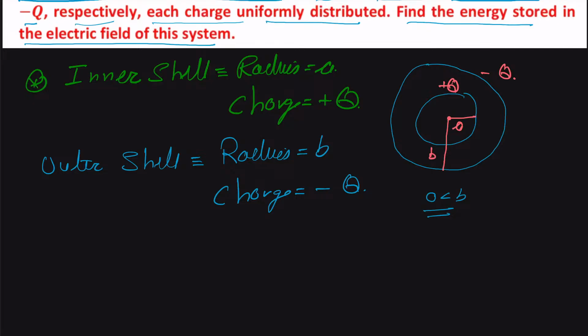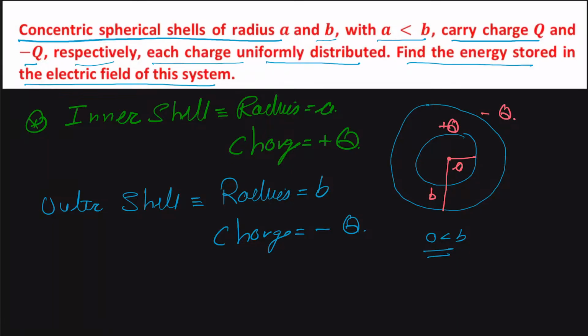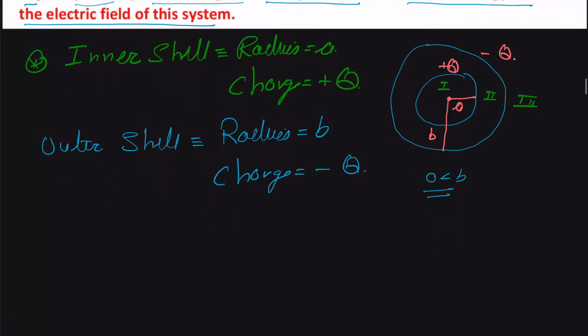Okay. So therefore we can divide this entire system into three regions. Okay. So we can say this is our region number 1, region number 2, as well as region number 3. And we know that the energy will be stored in the form of electrostatic energy. Therefore, let's find out what will be our electric field in all these three regions. So we start with region 1.